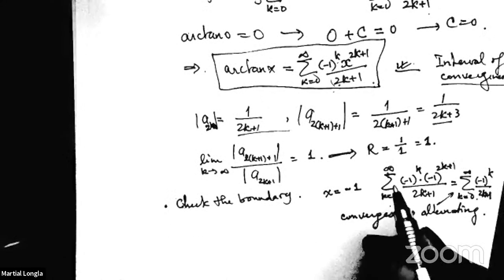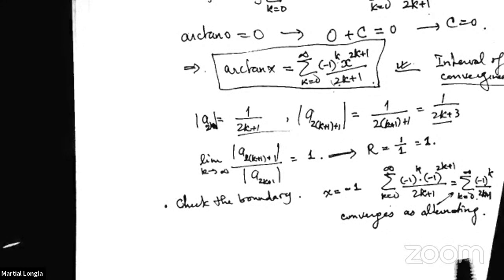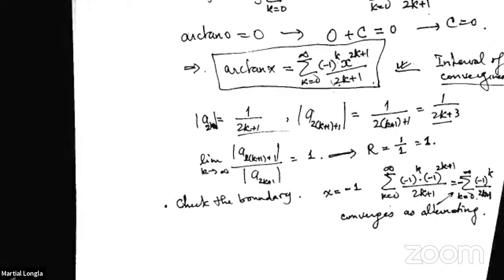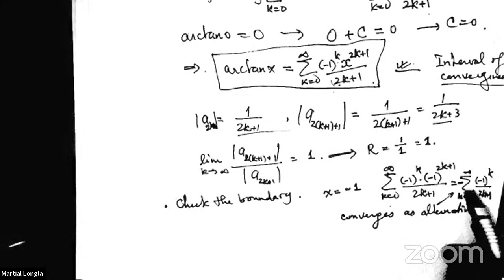And the same thing works for x equal 1. When x is equal to 1, you get 1 there. So this was a minus 1 here, because negative 1 to the power 2k plus 1 is minus 1. I just wrote the minus out here.